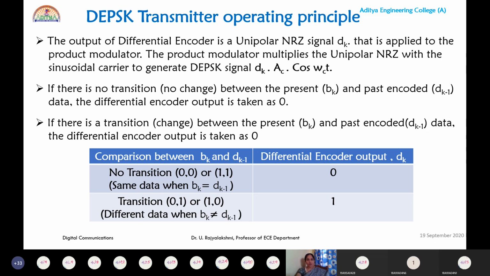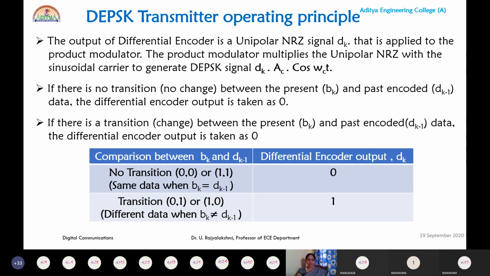Now, if there is no transition between present and past encoded data, the differential encoder output is 0. So what is the principle of the XOR gate? Already we discussed that if the inputs are the same, that is when Bk is equal to dk minus 1, the output is 0.